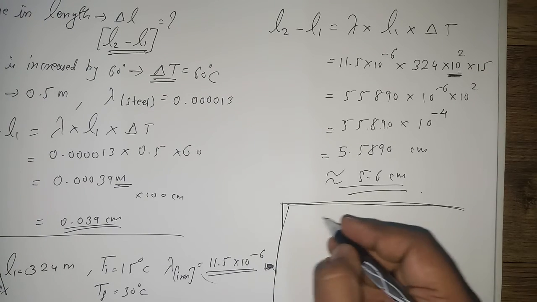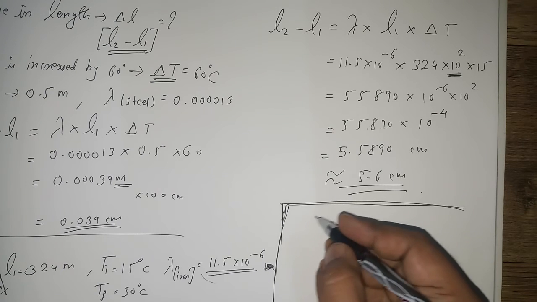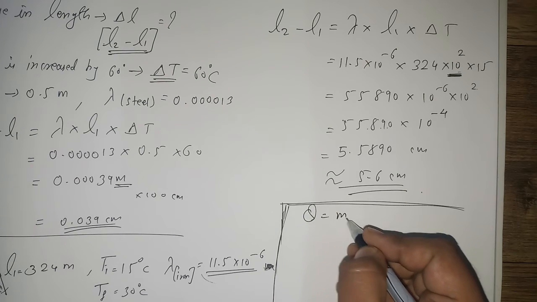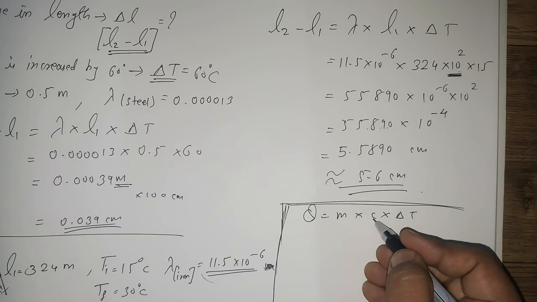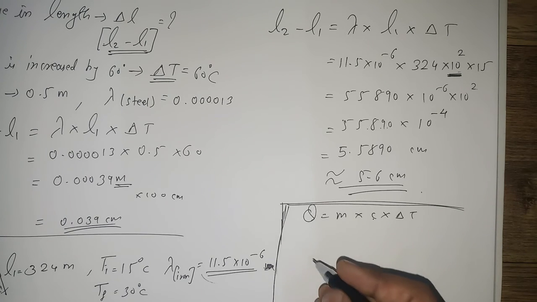The concept we have already done, so watch the earlier video on introduction to heat, numericals on heat. Q equals m into C into delta T, right? Mass, specific heat capacity. For water it is 1, and delta T is change in temperature. So what is the question?